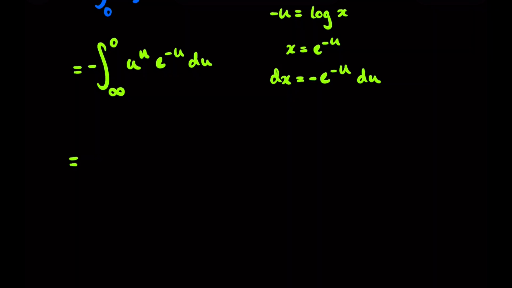And what we want to do here is swap the bounds of the integral. Doing so would negate the integral, removing the existing negative sign. So we get the integral from 0 to infinity of u to the n times e to the negative u du. Fantastic. So this is equal to n factorial.